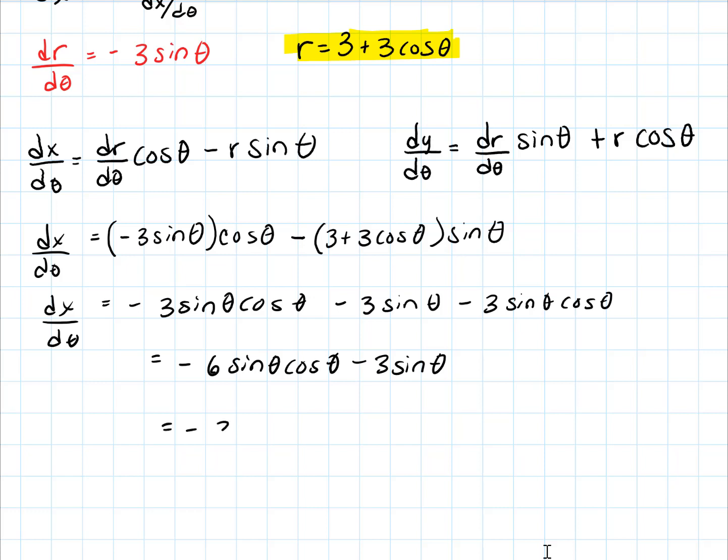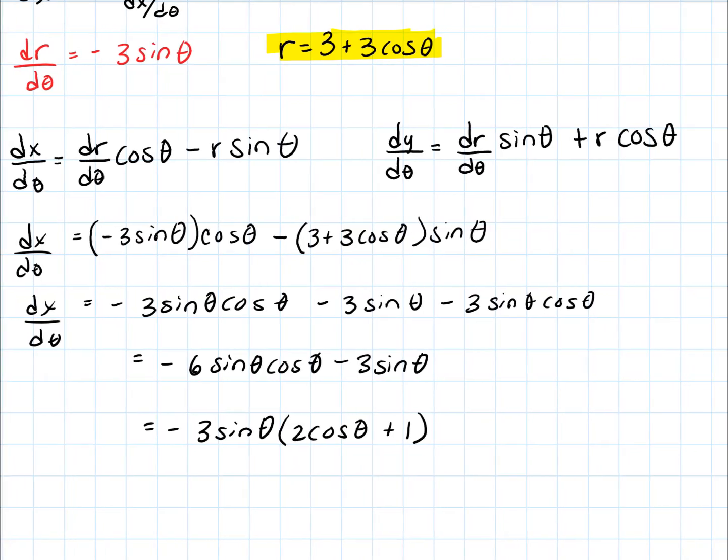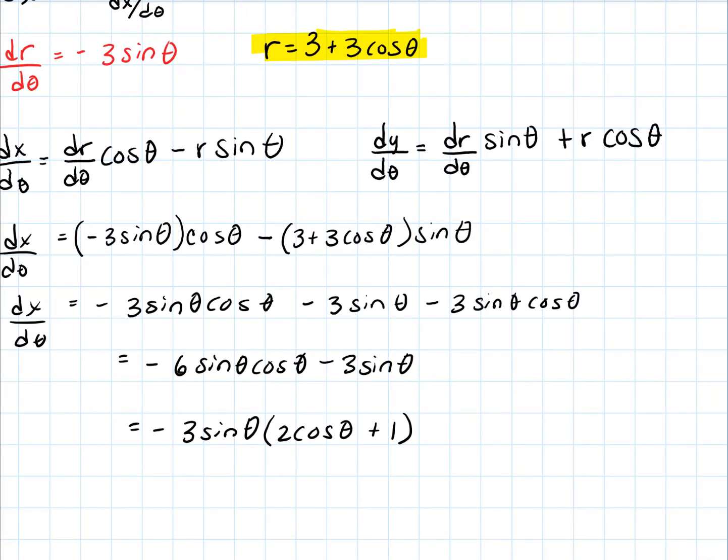I'm even going to pull that out, so that's -3 sine of theta times 2 cosine of theta plus 1. I'm even going to get it factored because, you guys don't know it yet, but on the second part of this, I'm going to ask us to find where the vertical and horizontal tangent lines are. So we're going to be looking at finding zeros of these two derivatives, dx/dθ and dy/dθ. So keeping that in mind, that's coming, getting these simplified as much as I can.